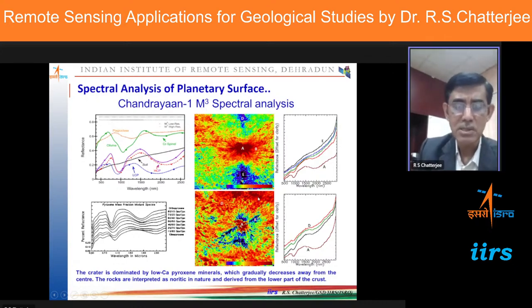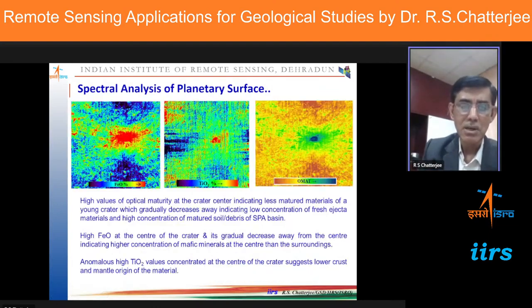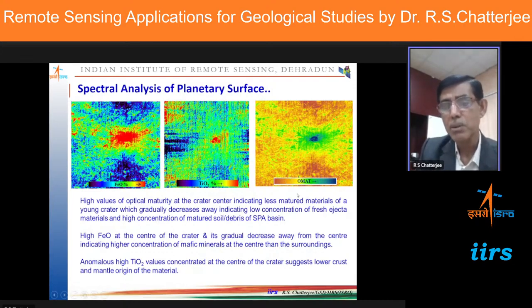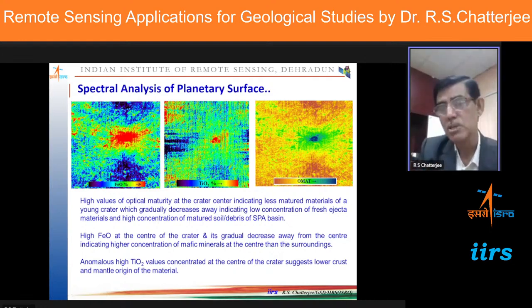Now from the spectral analysis, we can get the composition of the material, like calcium percentage, iron oxide percentage, TiO2 percentage, and optical maturity. It tells you when a crater has been formed, whether the crater is recent or old, depending on the maturity of the surface.